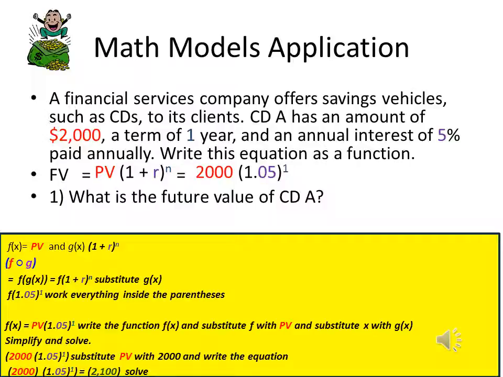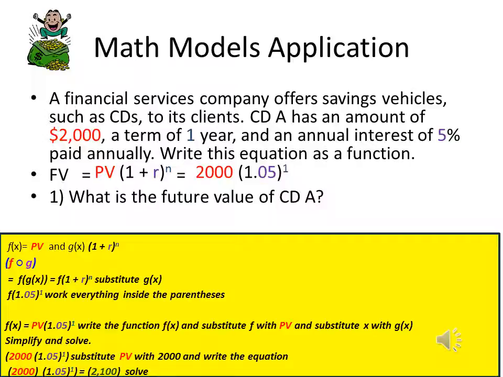Now, we would need to write the function f of x and substitute what we got for g of x. Okay, so now f of x equals, f is now 2,000, and we substituted what we got for g of x for x, which is 1.05.